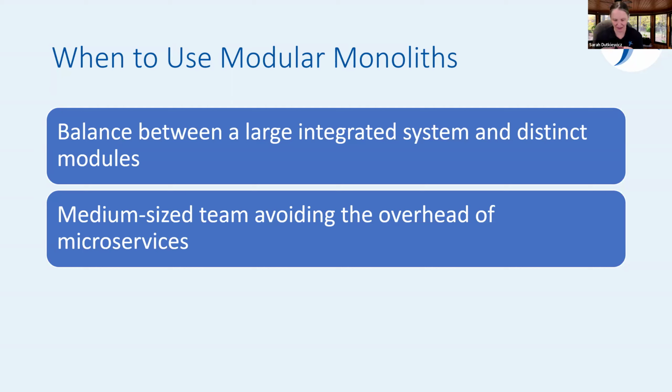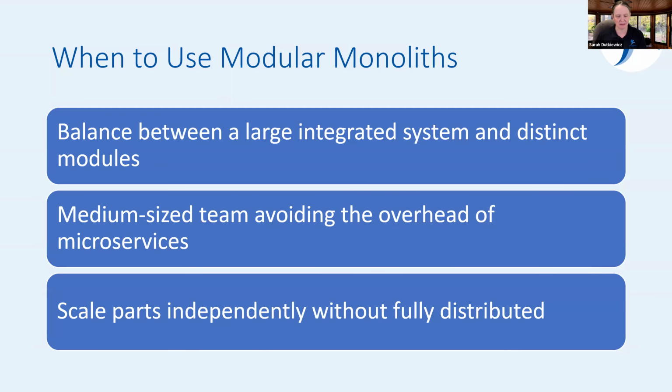They're good at having that separation by feature, that separation by domain or subdomain or by bounded context in the DDD world. So that separation is okay there, but you might not want the overhead of microservices. And so that's where modular monoliths come into play. You can still scale some of their parts, but not be fully distributed.